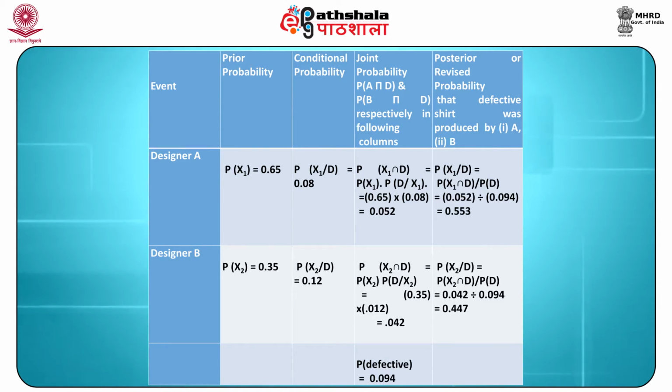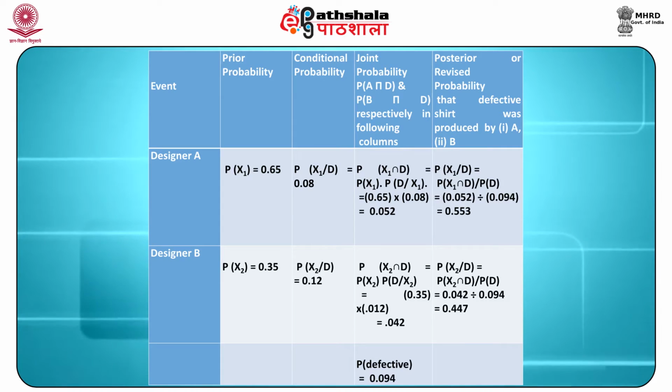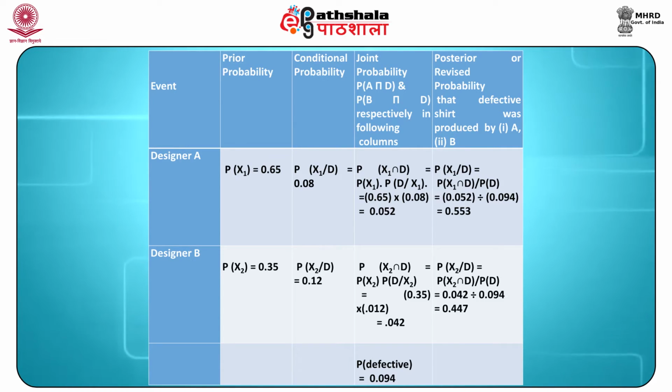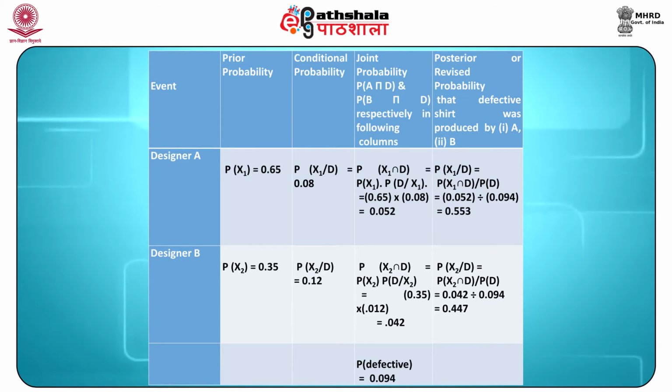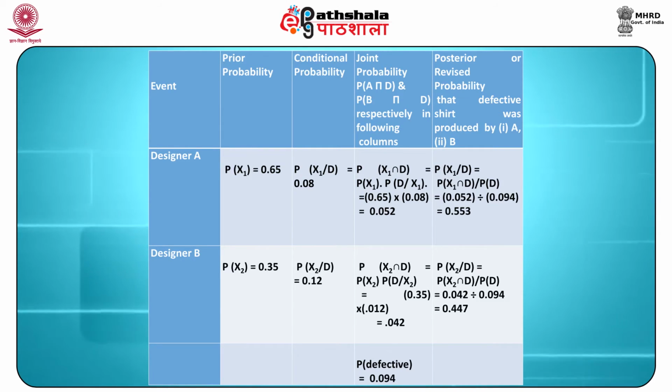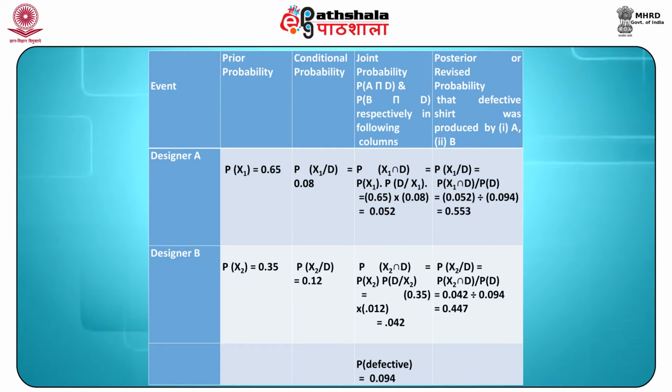And the last one is the posterior or revised probability that the defective shirt was produced by either A or B. Here you have the probability of x1 given D, which is equal to probability x1 intersection D divided by probability D, which is equal to 0.052 divided by 0.094, which is equal to 0.553.